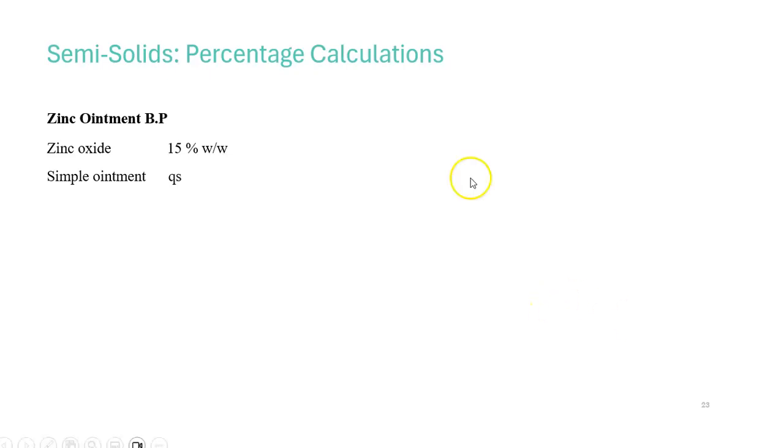So if you see a formulation written like this, no, we did not leave anything out of the question. It is understood that the student must know that you are adding sufficient to make it up to 100%. And so 100% minus 15% means 85% needs to be here in the master formula.